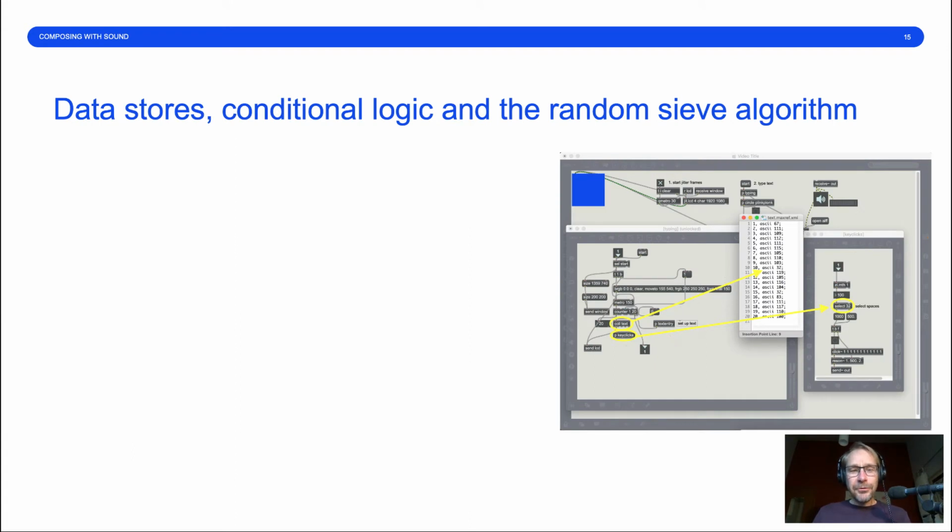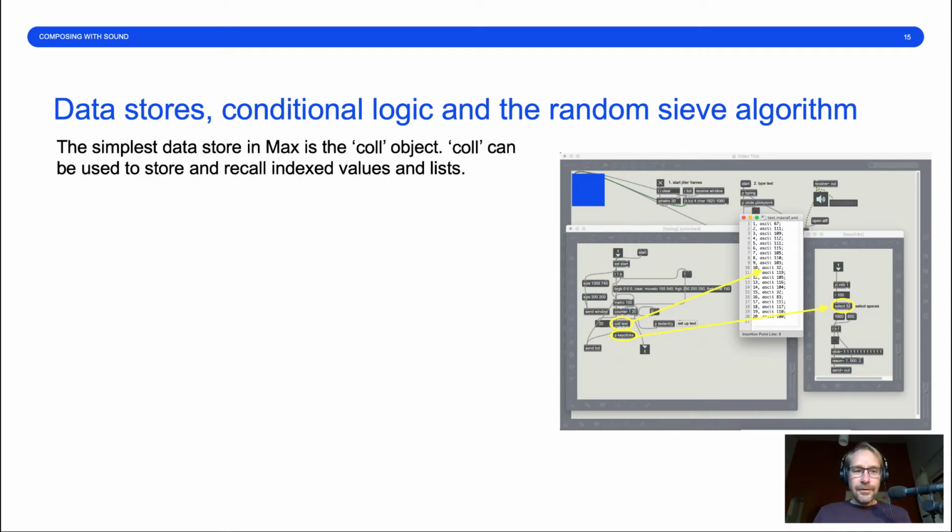Okay, now I want to look at some of the features of algorithmic design, particularly the idea of data stores, conditional logic, and the random sieve algorithm. So the patch that we can see on the display here is the patch that's used to create the video title screens for this lecture series. The simplest data store in Max is the coll object, or collection.